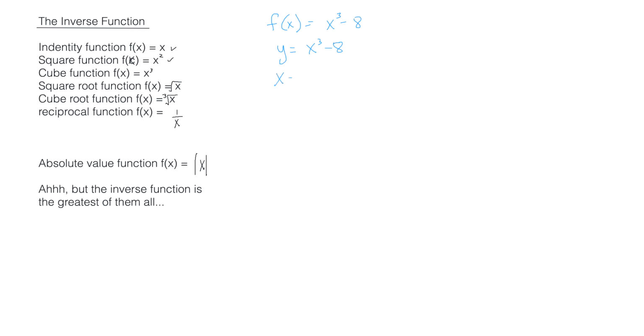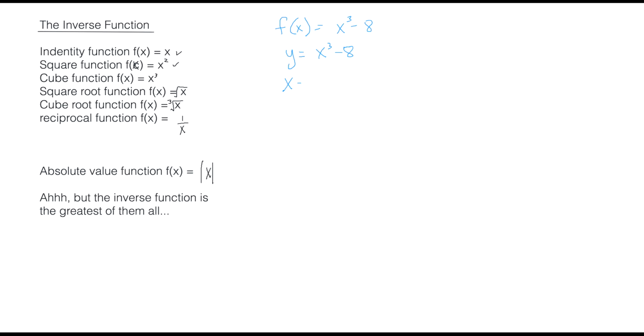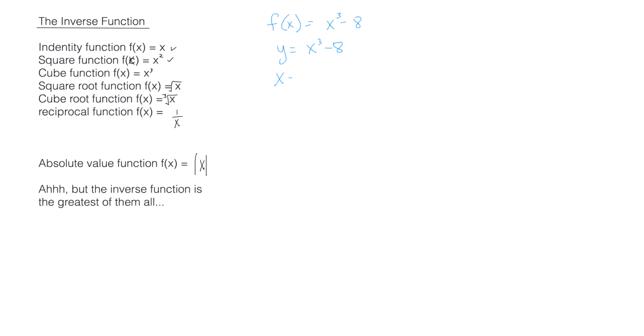So x equals y cubed minus 8. I want to get the y by itself, so I'm going to do the opposite. Actually, wait, let me move the 8 first. Yeah, I can move the 8 first. I can get y by itself. Plus 8 to the other side.